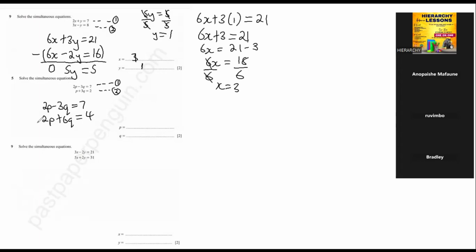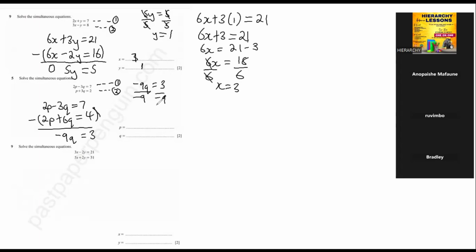Then we subtract. Okay. And then what do you get if we subtract? We get minus 9q is equal to 3. Yes. And then how do you get q now? We divide both sides by minus 9.